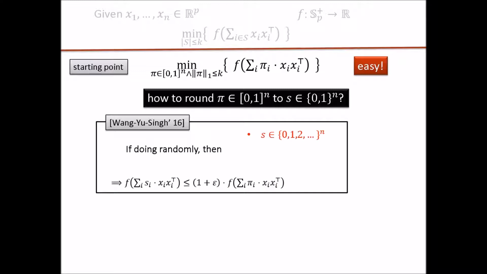The first is, as I mentioned, that if you do this randomized rounding, you unavoidably have to redo the sampling process until you're done, and therefore in the very end, all you can obtain is a multiset, meaning that you may choose the same vector xi multiple times. According to my co-author, Yining Wang, this is intrinsic in their rounding algorithm, so there doesn't seem to be an easy way to avoid that. And the second caveat is what I called oversampling: they output a set whose cardinality is a constant times k as opposed to k.